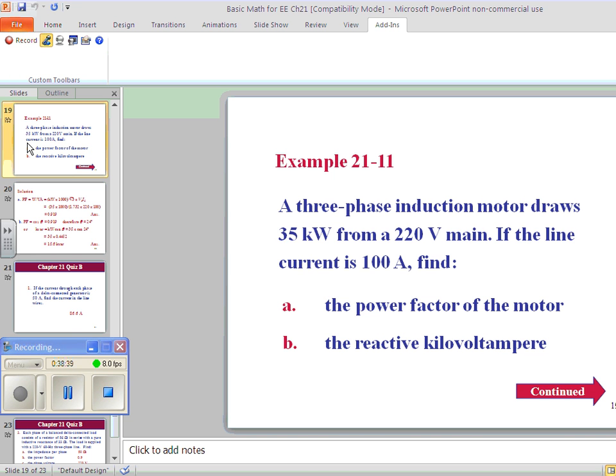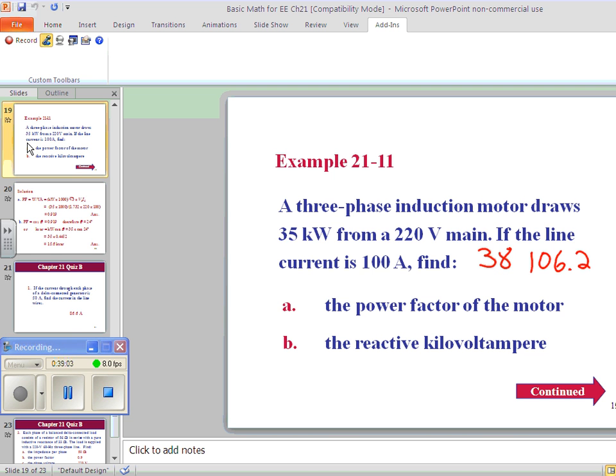What's 220 times 100 times the square root of 3? I've got 38,106.2.